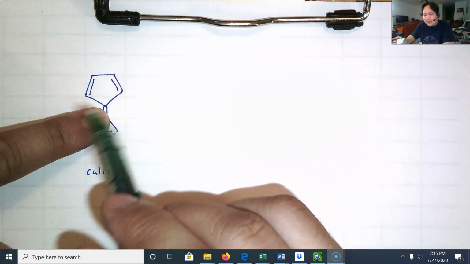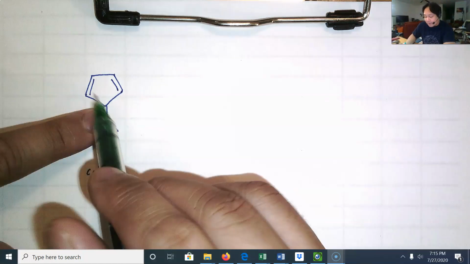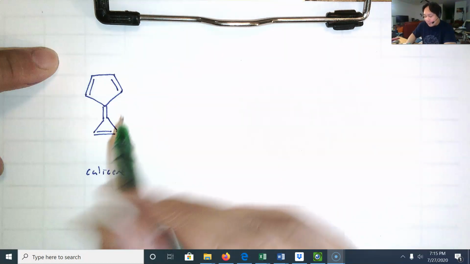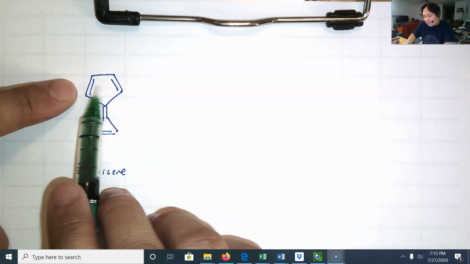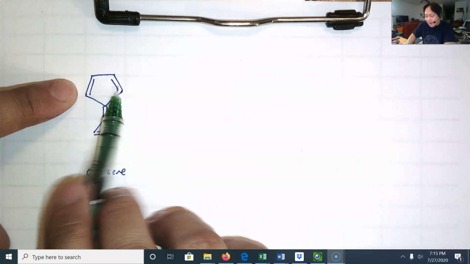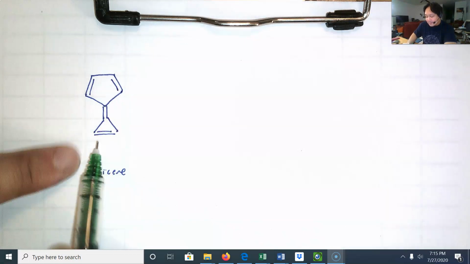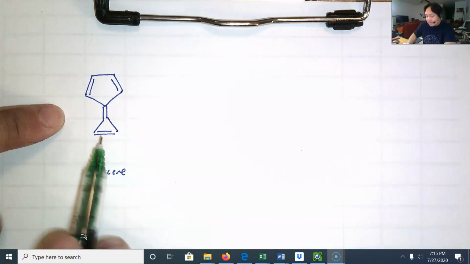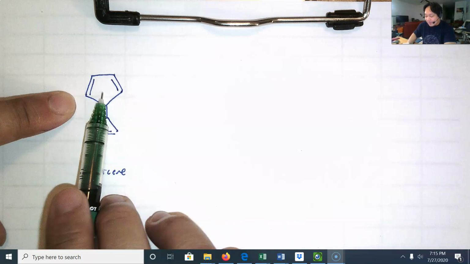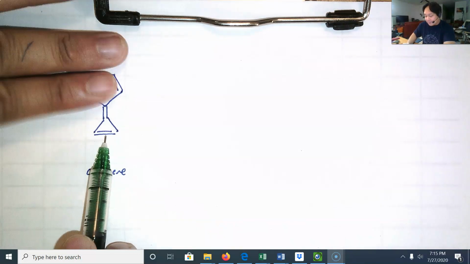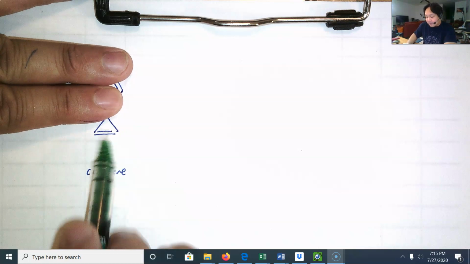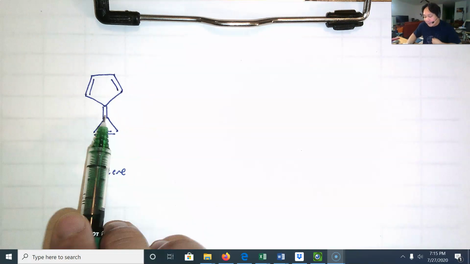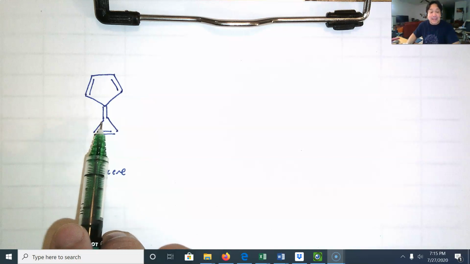In terms of what pi electrons are really part of this ring system, we're not counting these because these are outside of the ring. So, this doesn't look great. It has 4 pi electrons. What about this part of the molecule here? That has only 2 pi electrons that are part of the ring. Again, I'm not counting these 2 pi electrons, which you could think of as the handle.